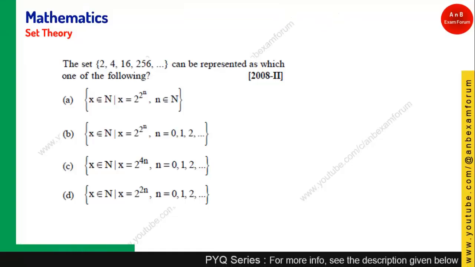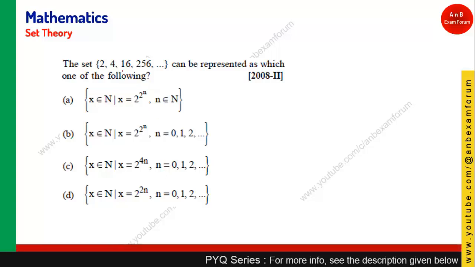Again, in this question you should be able to build those sets. Then you can easily go through the options. So 2, 4, 16, 256, as you can see, these are powers of what? Powers of 2, and power of what? How is it increasing? 2 power 2 is 4.